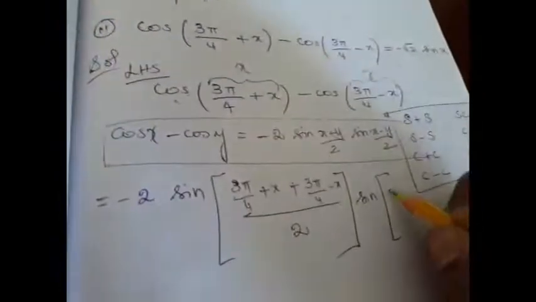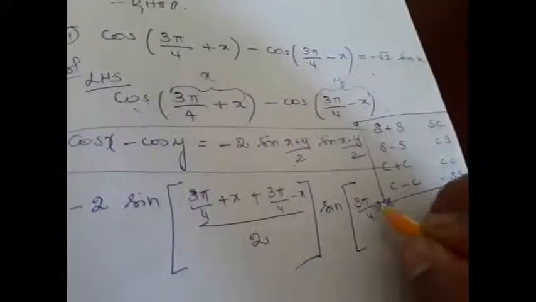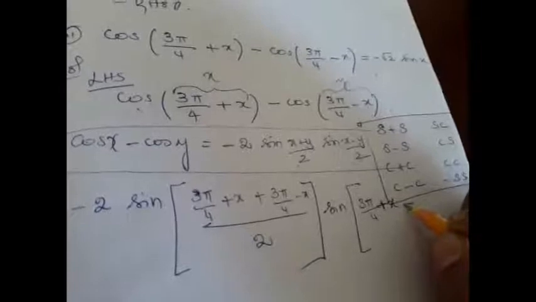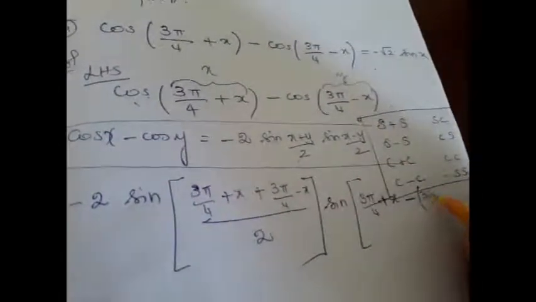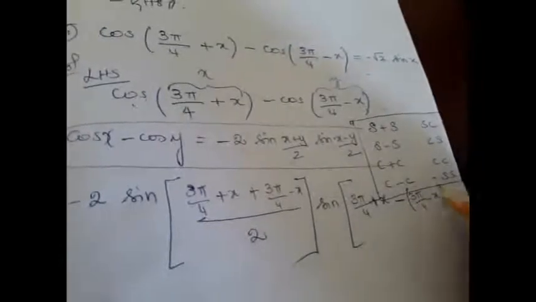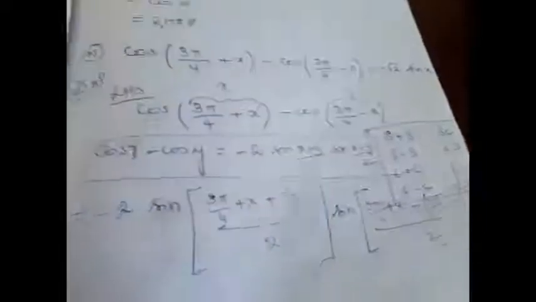What is our x? 3 pi by 4 plus x is our x, minus, put brackets because we are again having two terms, 3 pi by 4 minus x is our y, divided by 2. Right? Now try to simplify this.